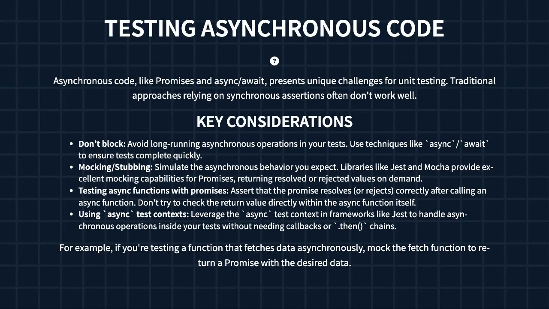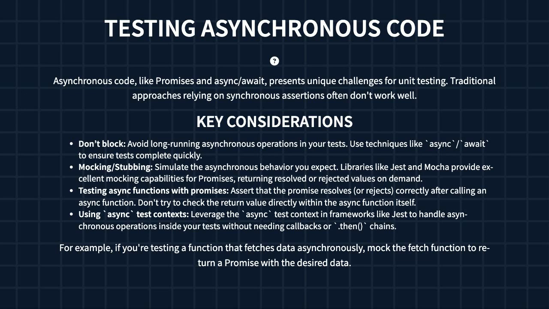Okay, let's talk about how we tackle testing asynchronous code. This is where things get a little trickier than your usual synchronous tests. The main thing to keep in mind is that you don't want to block your tests with long-running operations. You need to make sure they finish quickly.